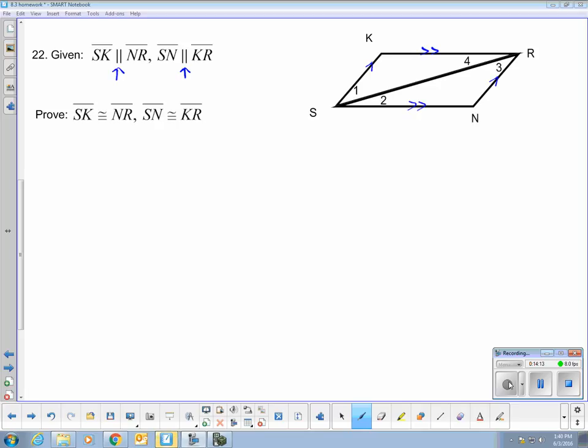So here's what we have. When we have two parallel lines cut by a transversal, let's highlight the transversal.